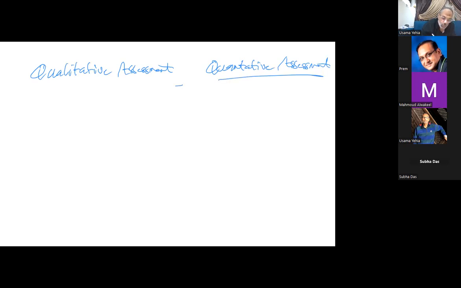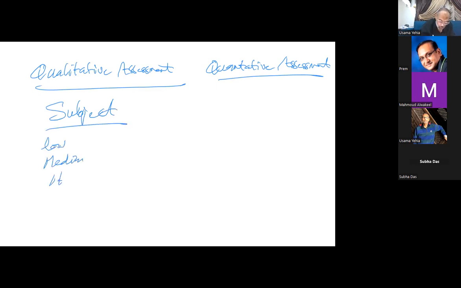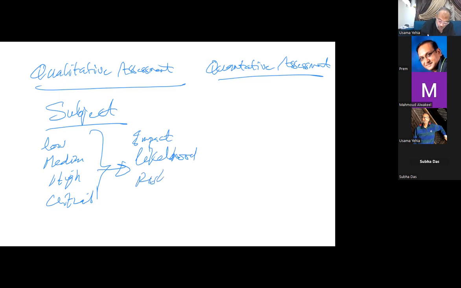What is the difference? Qualitative is subjective: low, medium, high, critical, and so on. It can classify the impact, the likelihood, the risk level, and so on. We are not speaking about definite numbers. No, it is subjective, and this is very easy.